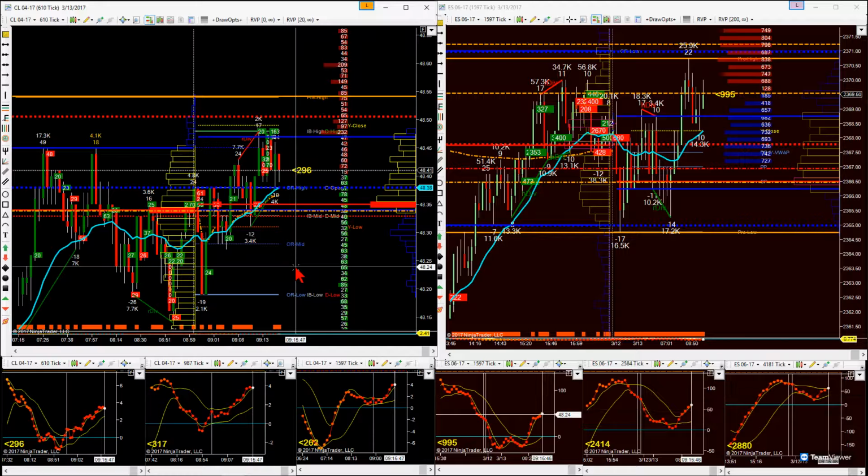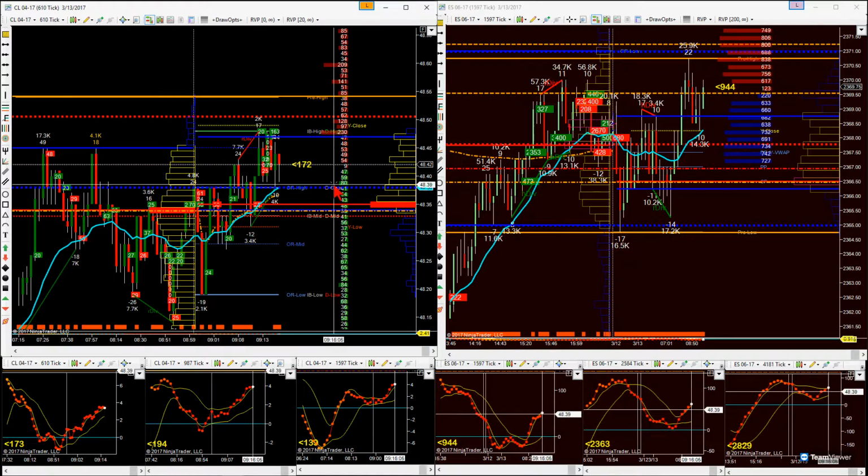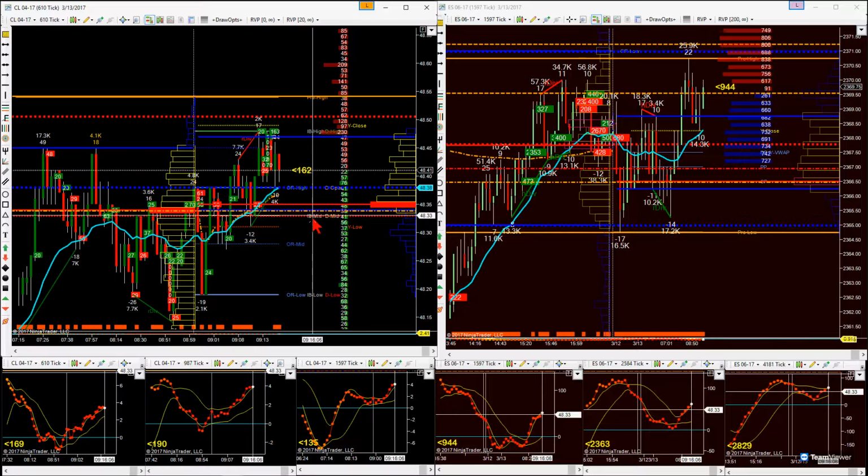So let's see if we can find a situation where that happens again. Well, right now, buyers are stepping in. So the ideal setup for me is a push back down towards this area here, middle of the day, Friday low.